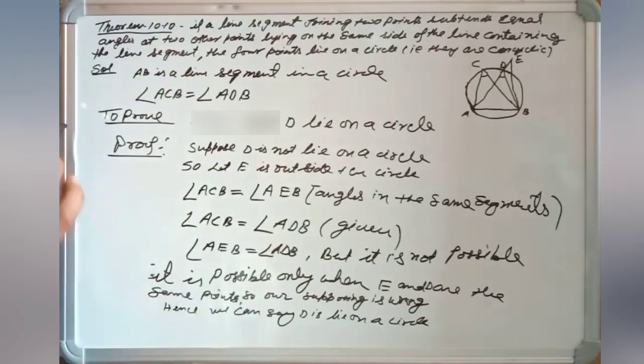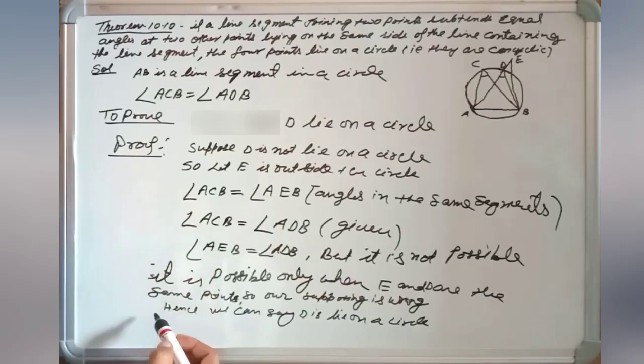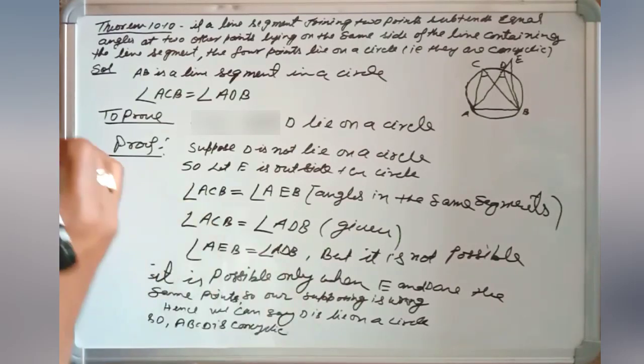So all the four points A, B, C and D are on the circle. So A, B, C, D is concyclic. Thank you, students.